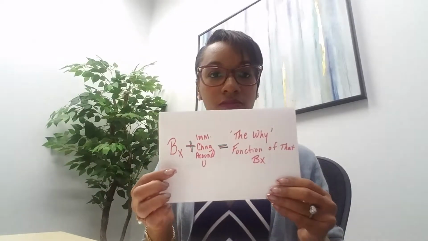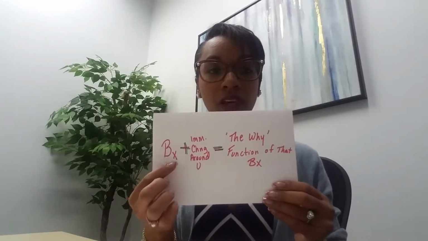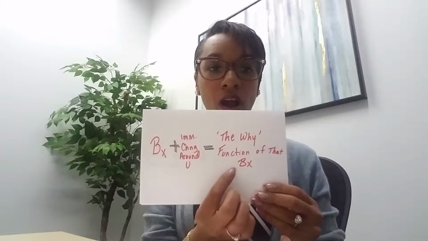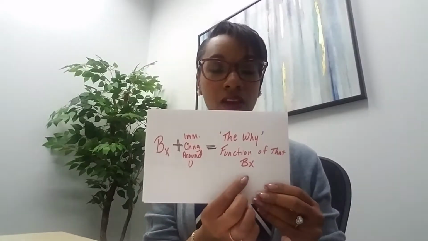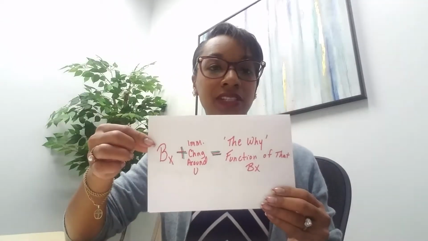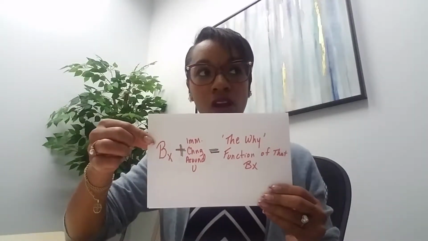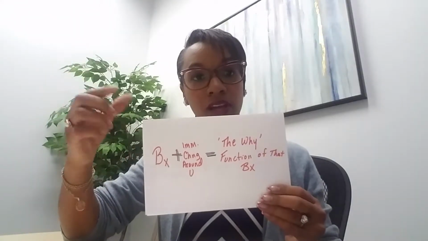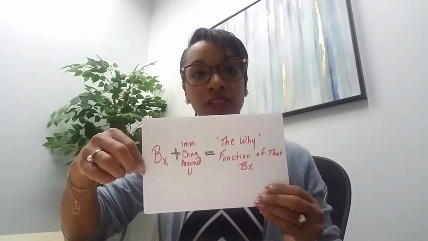So, I was thinking about this morning and I came up with a formula. I hope it's not backwards, but behavior plus the immediate change around you equals the why or the function of that behavior. Now, it's as simple as that. The behavior, so you say you have a tantrum or a meltdown or non-compliance, or not complying, or whatever it is.